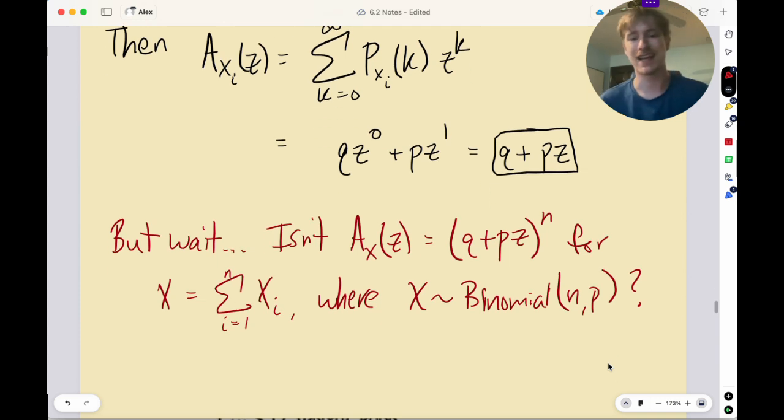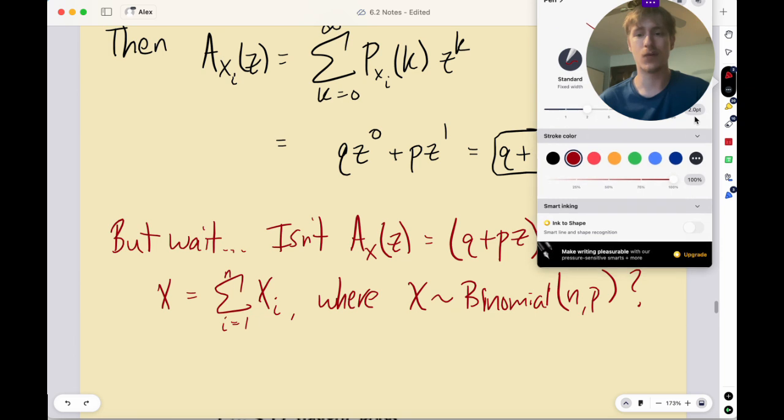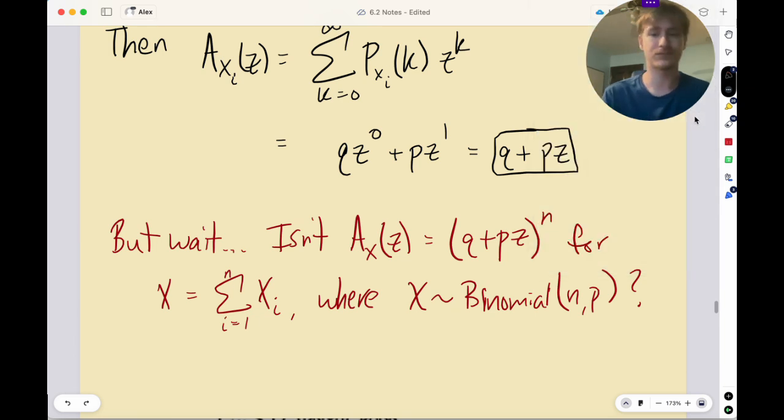So that's very interesting: if we take this generating function and then we take the generating function of the sum of those, it looks like we get the product of those. Okay? And it turns out that that's no mere coincidence, and we're going to talk about why.